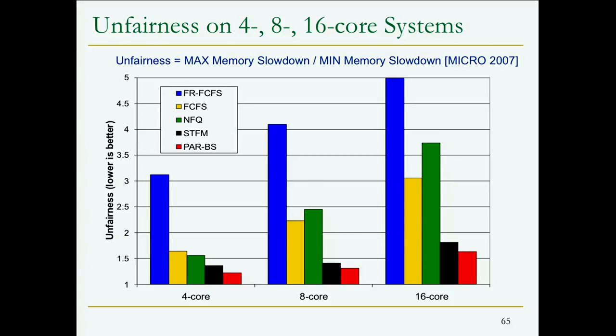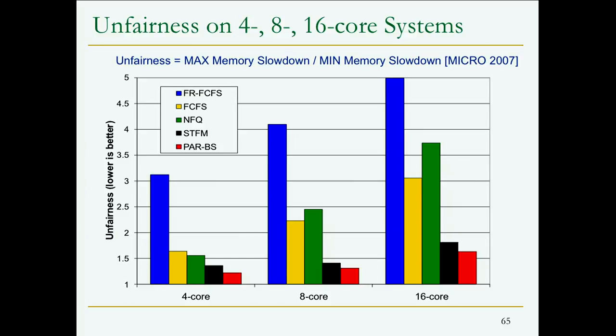This average across many workloads, your unfairness actually keeps increasing if you increase the number of cores. First come, first serve is better, but its unfairness also keeps increasing a lot. And this is actually, if you apply networking principles, do basically network fair queuing, which I'm not going to talk about, but you can read in the paper again, in the memory controller.